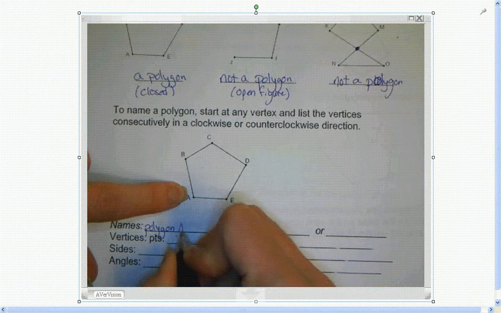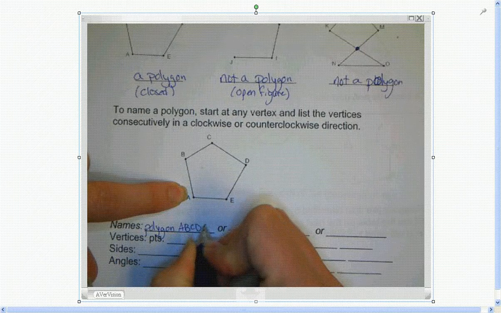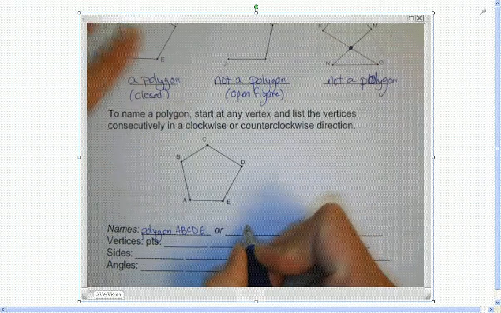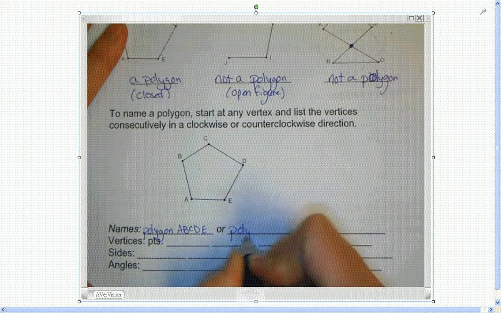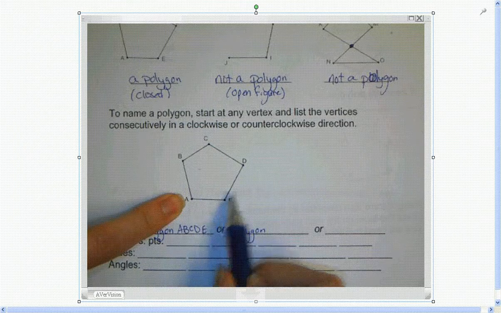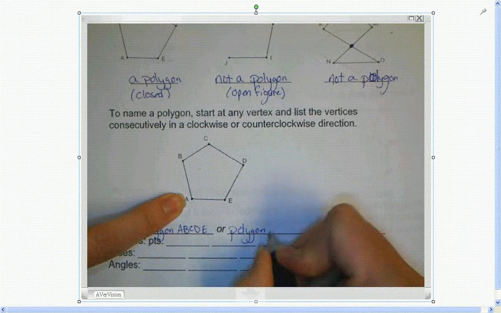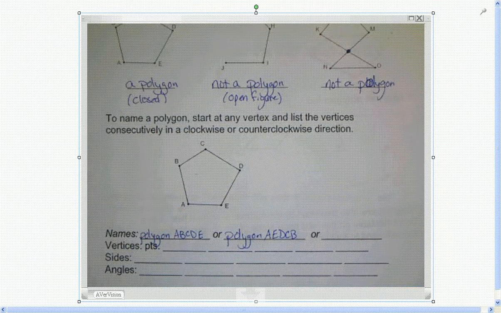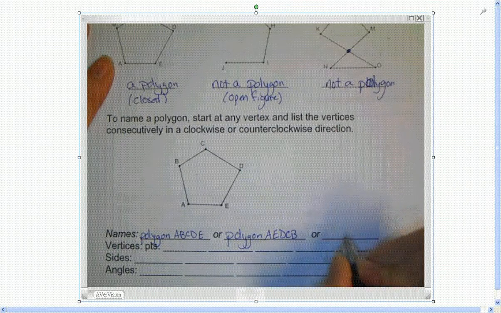So we go A, B, C, D, E, if you start at A and you go all the way around. Or you could go counterclockwise, starting here, and you'd go A, E, D, C, B. Now, if you don't like any of those, you can pick a different vertex and just, again, go around clockwise or counterclockwise. But be very careful.